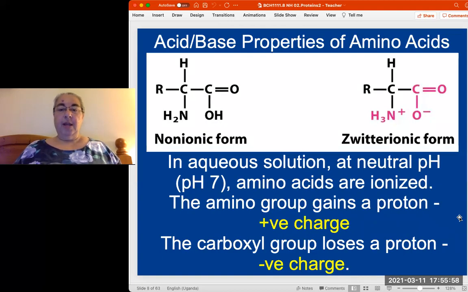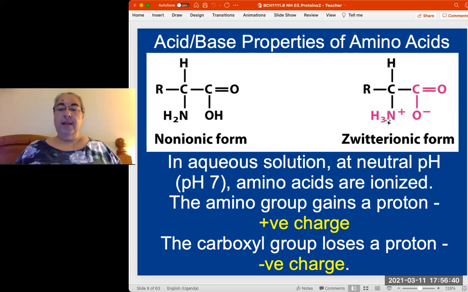Okay, so I hope you're very familiar with this sort of diagram by now. Here is a diagram of an amino acid. So here is the alpha carbon, here is the variable R group, here is the amino group, the carboxyl group, and a hydrogen atom. And here is exactly the same thing, but written in a slightly different way. You'll notice here that the amino group is shown as NH2, and the carboxyl group is COOH.